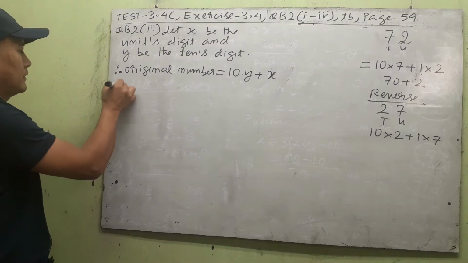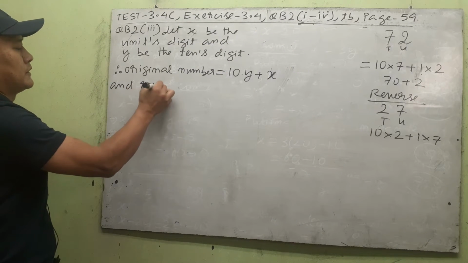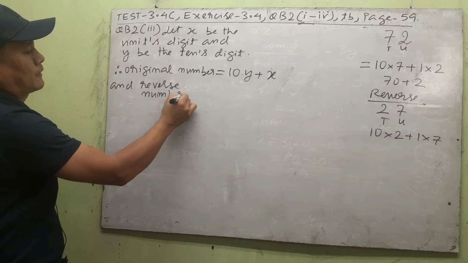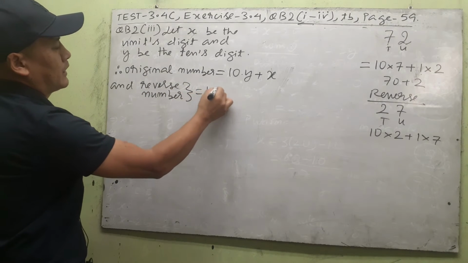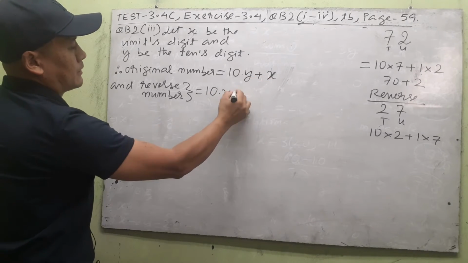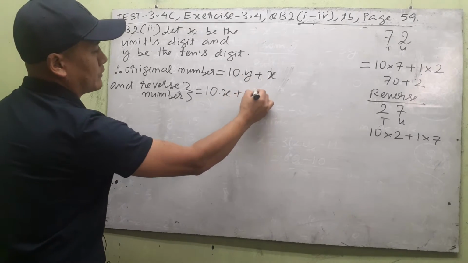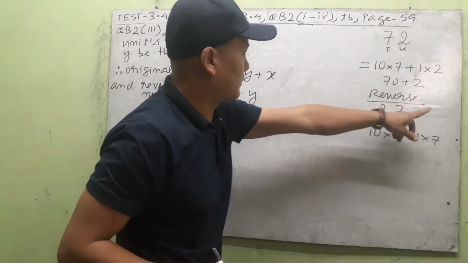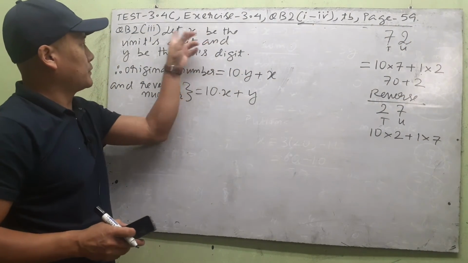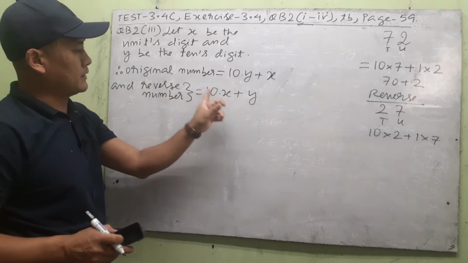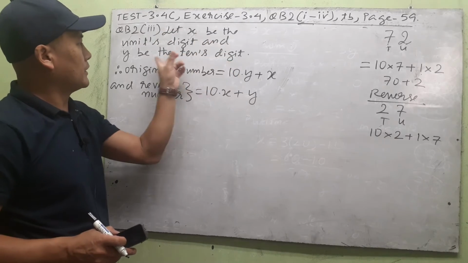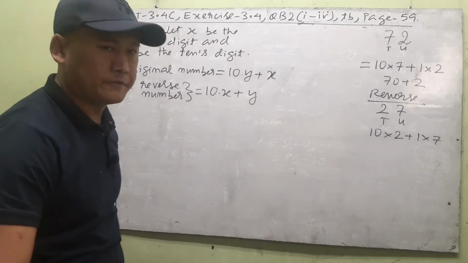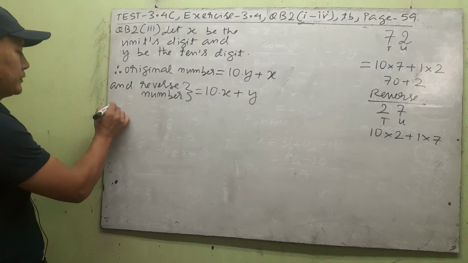Likewise, the reverse number will be 10 into x plus 1 into y. Just like this has come front and this has gone back, x, which was the units digit, will become the tens digit, and y, which was the tens digit, will now become the units digit if the number were reversed.